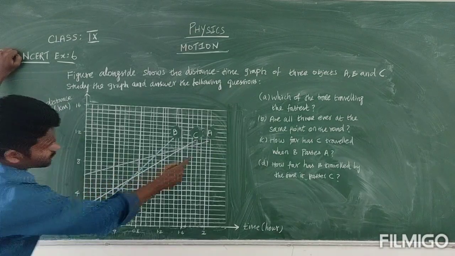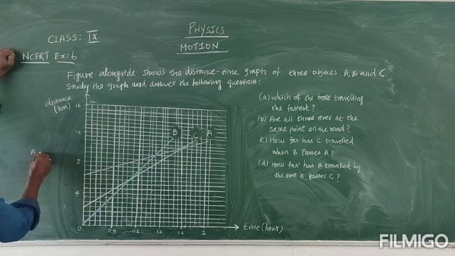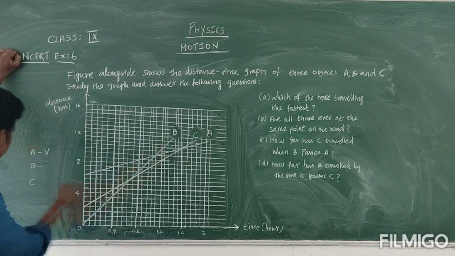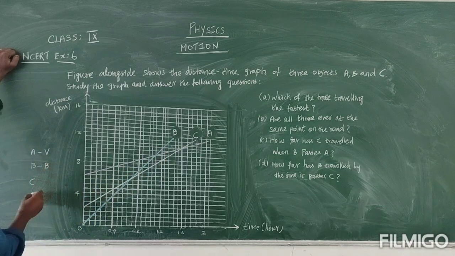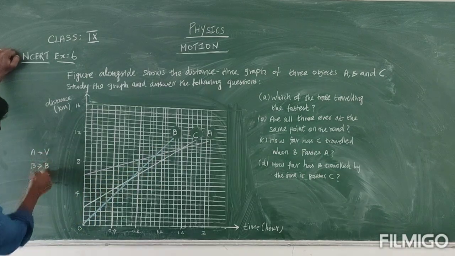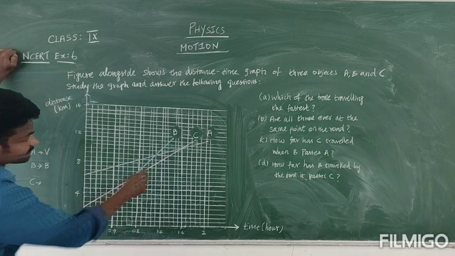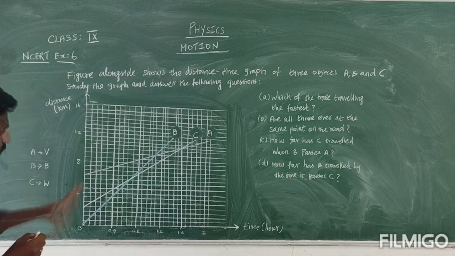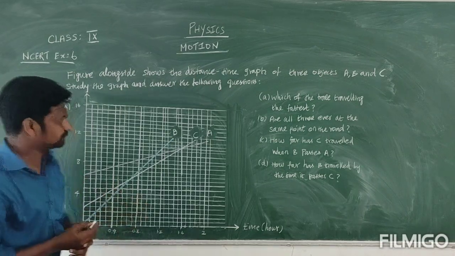First, A is represented by the violet color. Then B is represented by the blue color. Next, C is represented by the white color. Okay, for your identification.